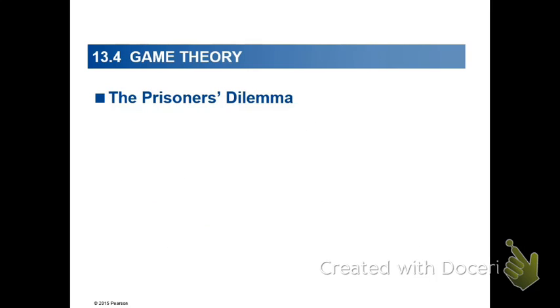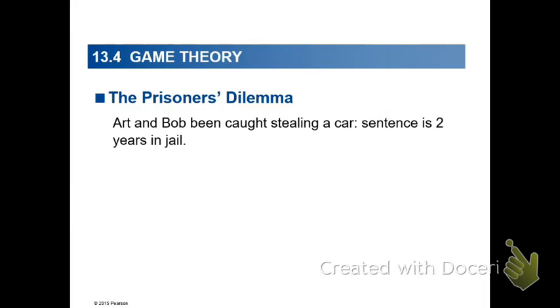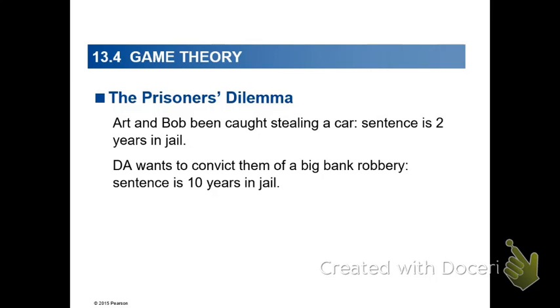So we are going to explain the Prisoner's Dilemma game. The game is going to be played between two players, Bob and Art. They are criminals. They were caught and they are going to jail. The problem here is that the DA office does not have sufficient information to really convict them. So what the DA office wants is for them to confess.